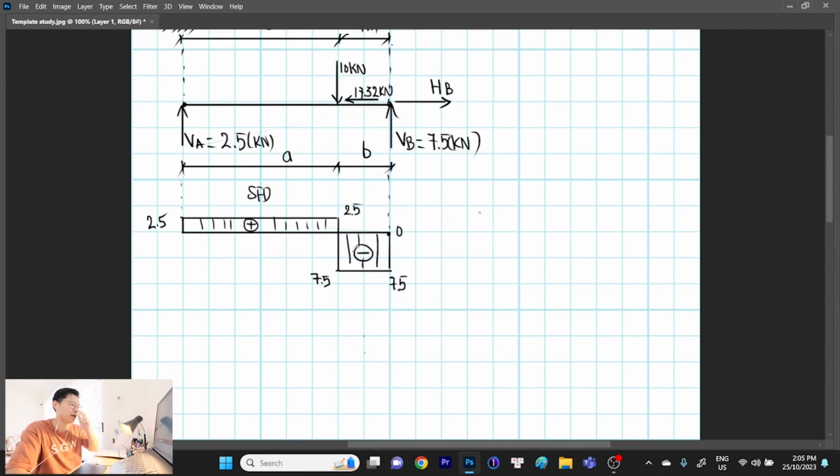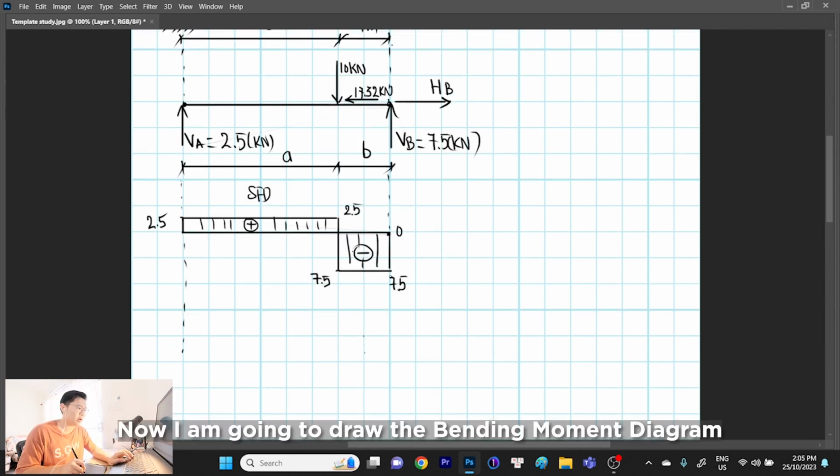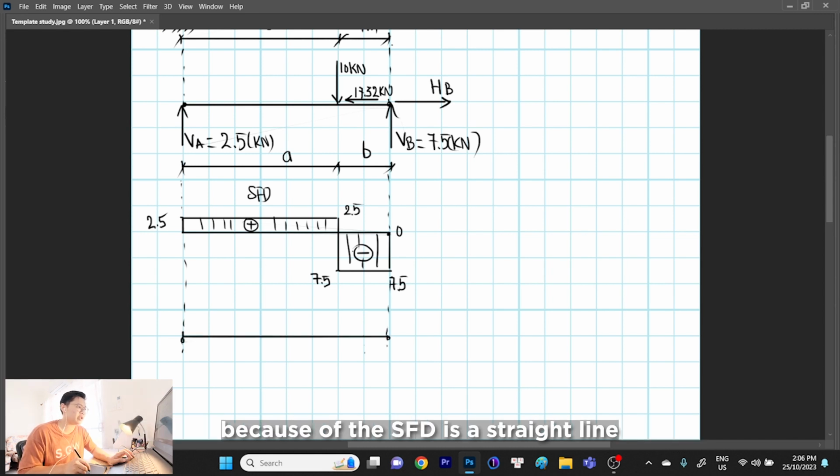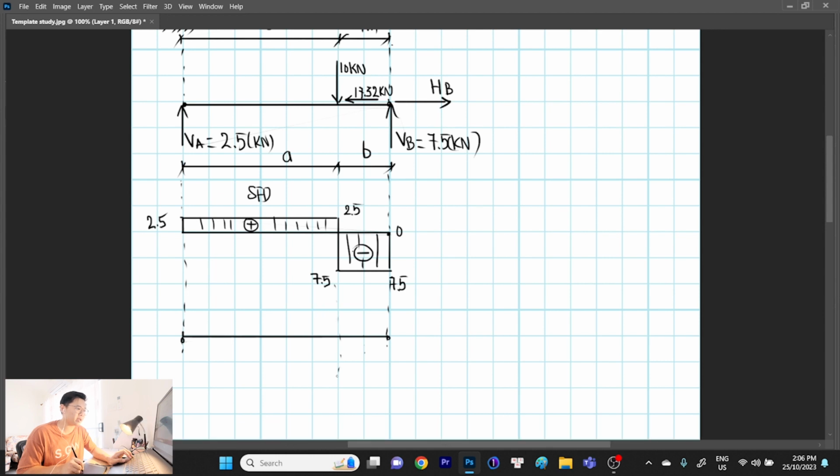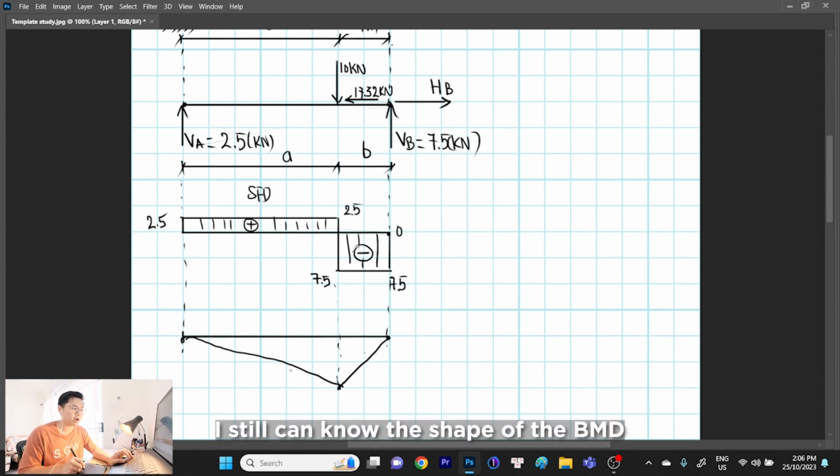Okay, now I'm going to draw a bending moment diagram. Because the shear force diagram is a straight line, the bending moment diagram will be a linear line, something like this. So without knowing the value, I can still know the shape of the bending moment diagram.